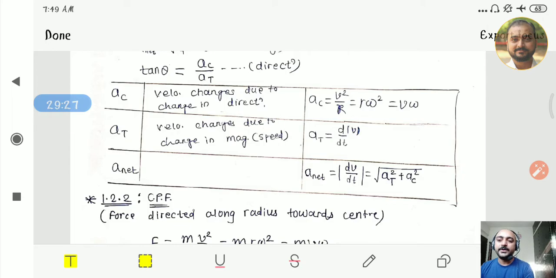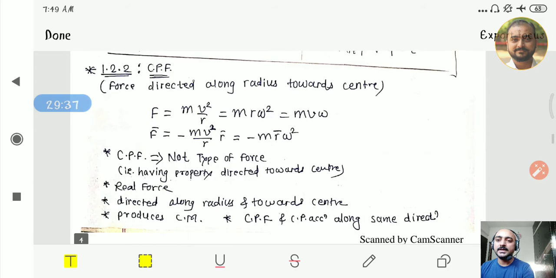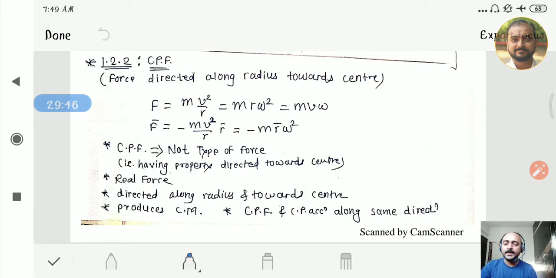The next point we have to start from this chapter is centripetal force. Here we are going to simplify centripetal force and centrifugal force. First, centripetal force. What is the centripetal force? The force which is directed towards the center along the radius of a circular path is called centripetal force.